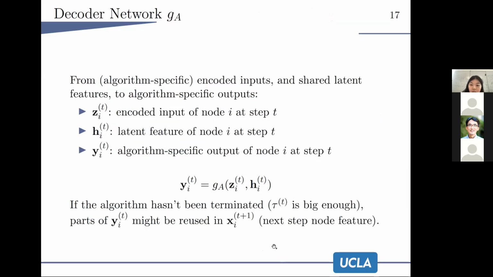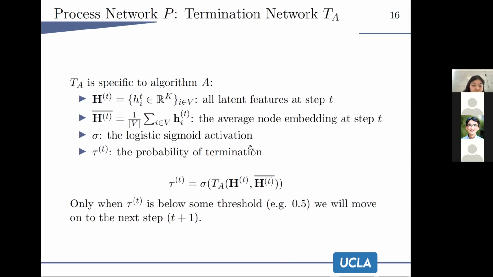What is TA here? This one is the termination network. This is a neural network. They try to compare the average value to the set threshold and then decide whether they should terminate or not.